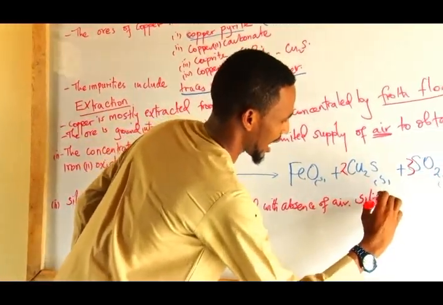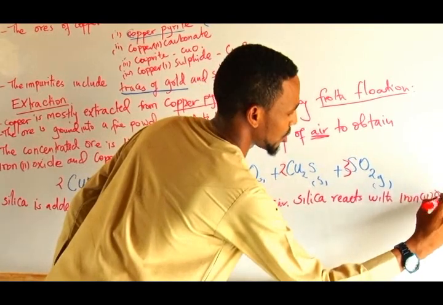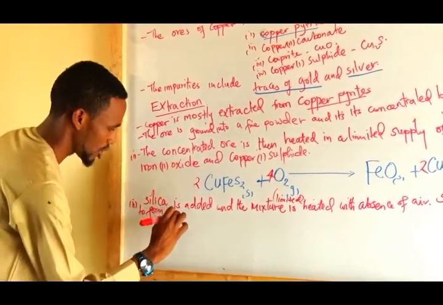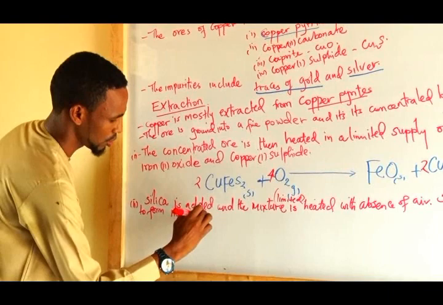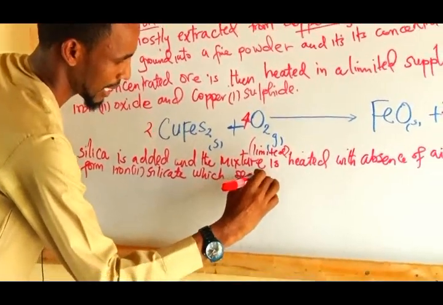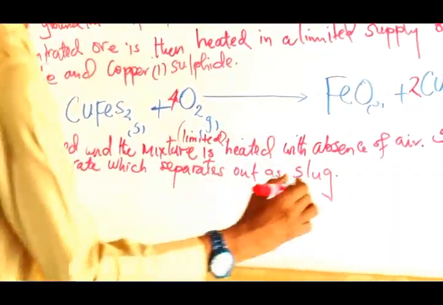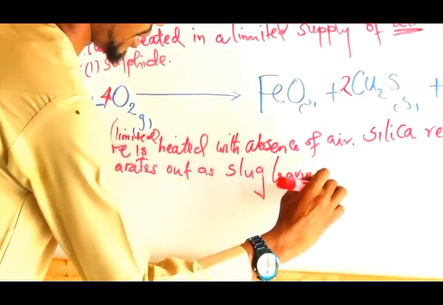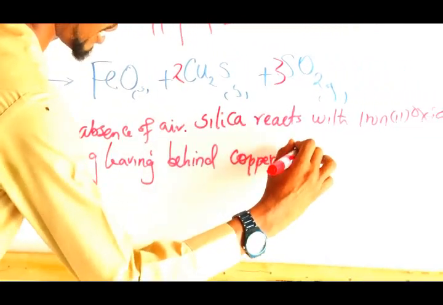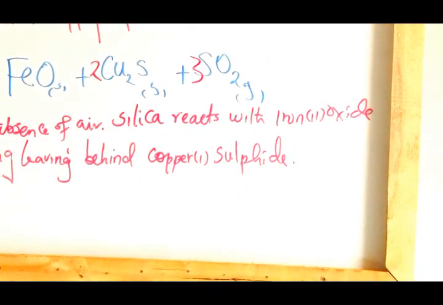Silica reacts with iron 2 oxide to form iron 2 silicate, which separates out as slag, leaving behind copper 1 sulfide.